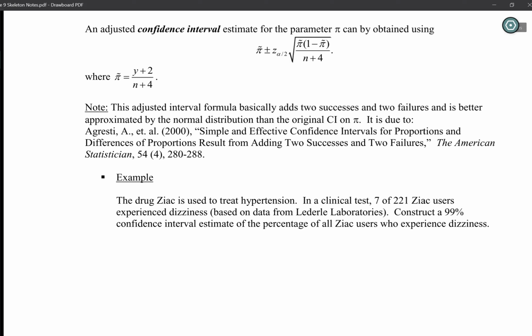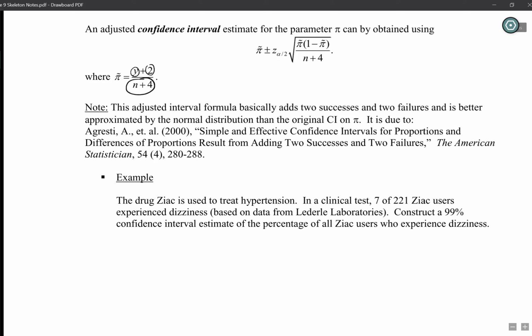And that's what we have here. This is called the adjusted confidence interval. Sometimes it's called the Wald-Agresti-Coull interval, the WAC. But basically, you can see the structure is pretty much the same, but instead of having pi hat, we have pi tilde, and pi tilde is the number of successes plus 2 over n plus 4.